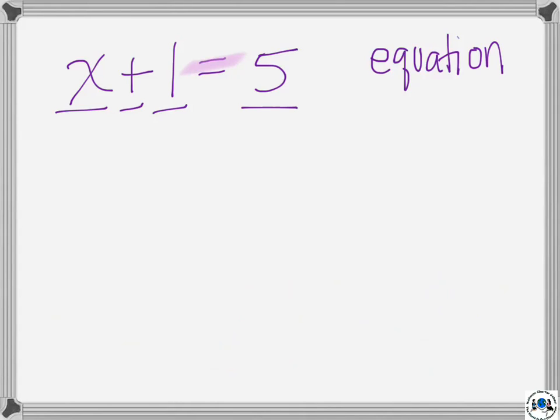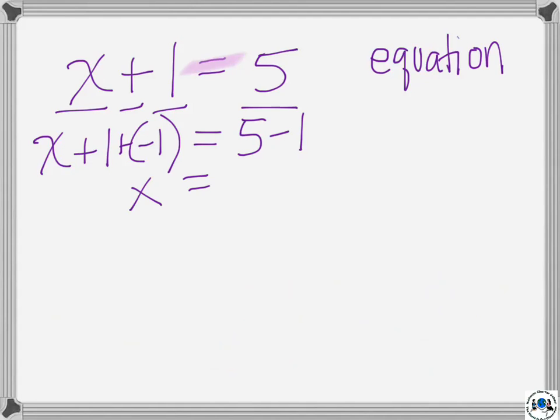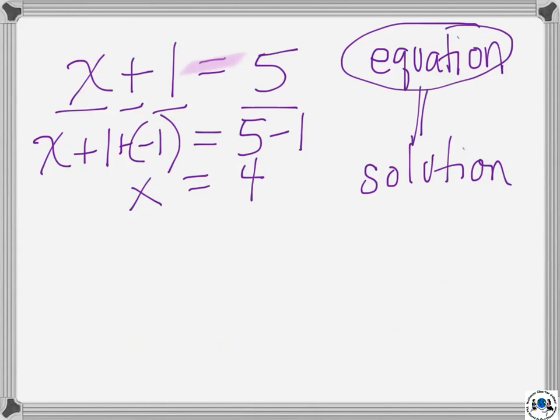And of course, how we solve for that is we know x plus 1, and then plus negative 1, just the additive inverse, and then 5 minus 1, and then we have x equals 4, of course. And that is our solution. So we go from an equation, and then we can solve that equation. For now, we are solving equations.